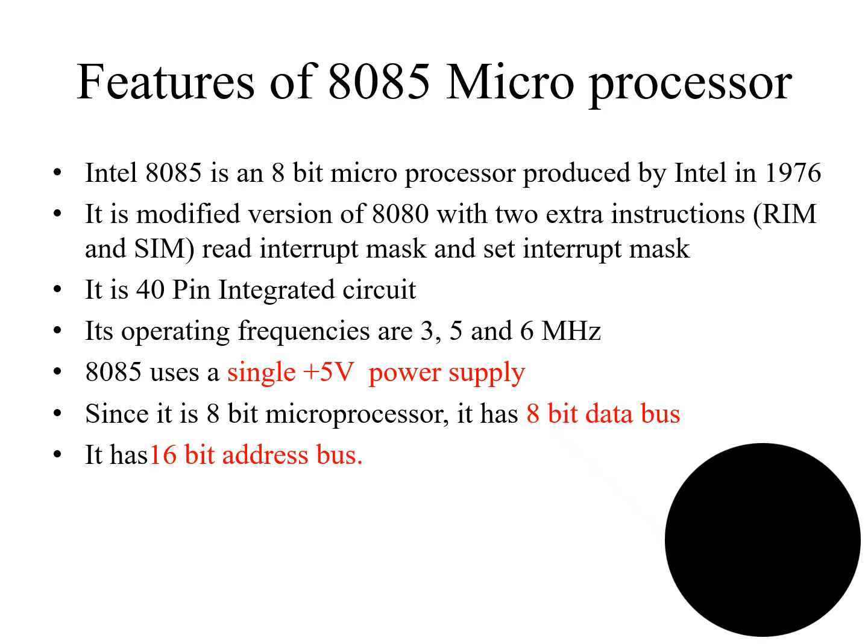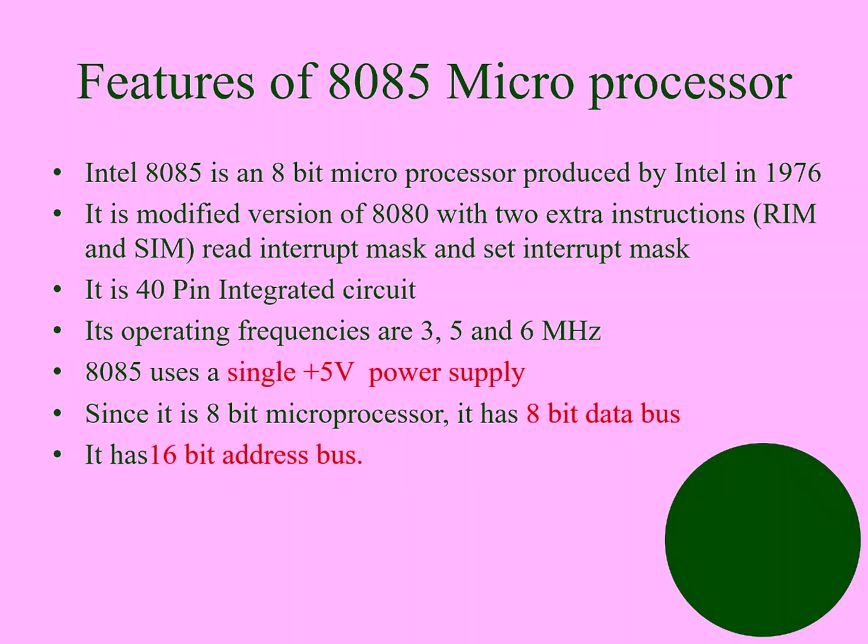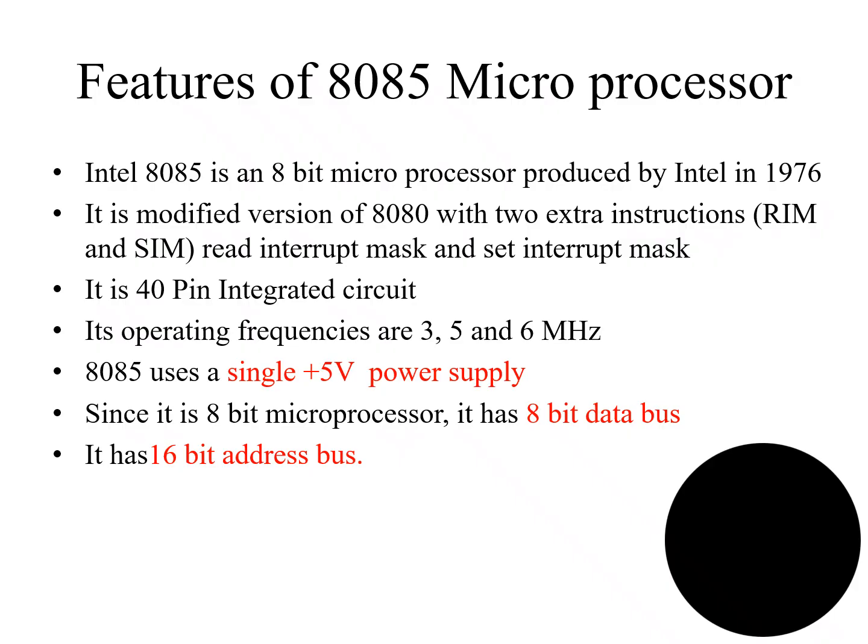For example, 11001010 is an example of 8 bit. These many bits can be accessed by the 8085 microprocessor at a time. Summarizing, we call these 8 bits 1 byte.